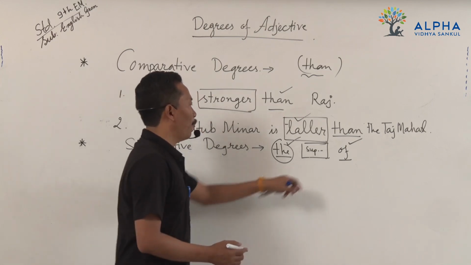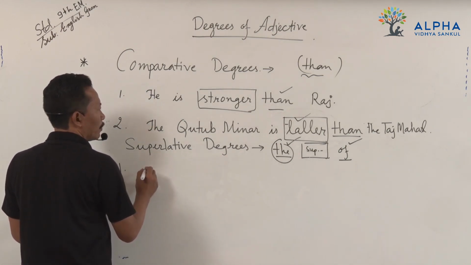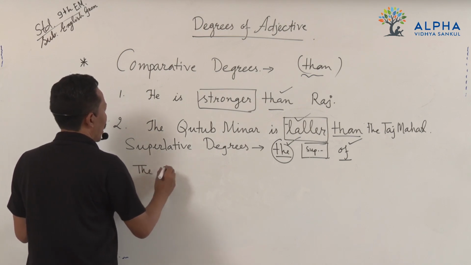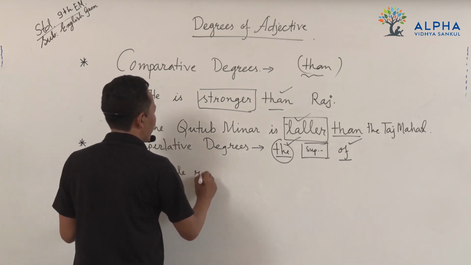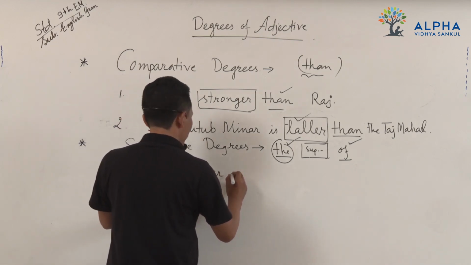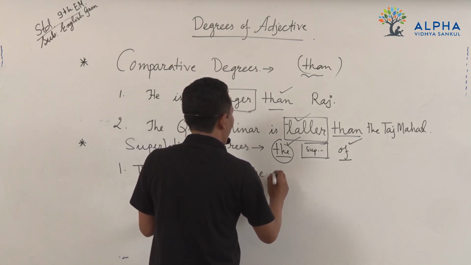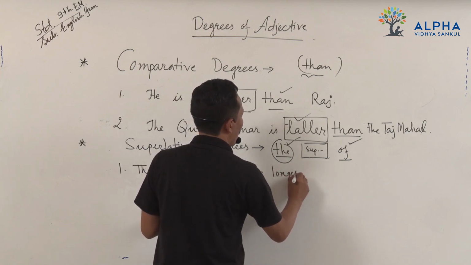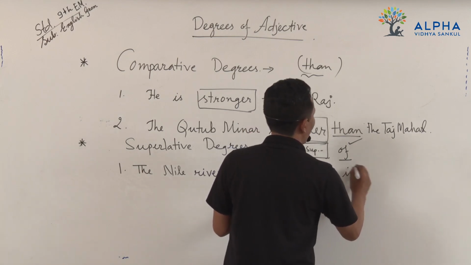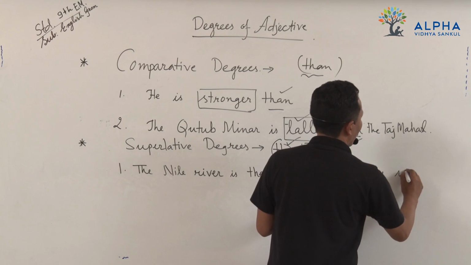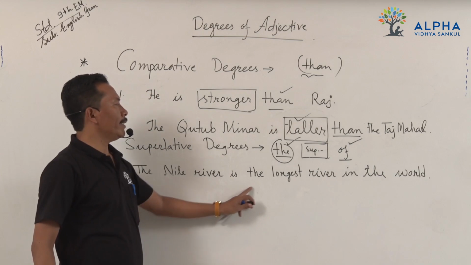Now I'll give you an example. The Nile river is the longest river in the world.